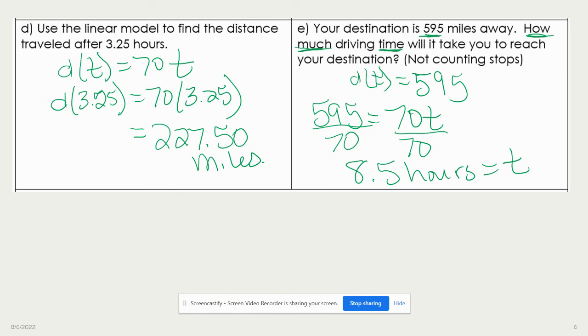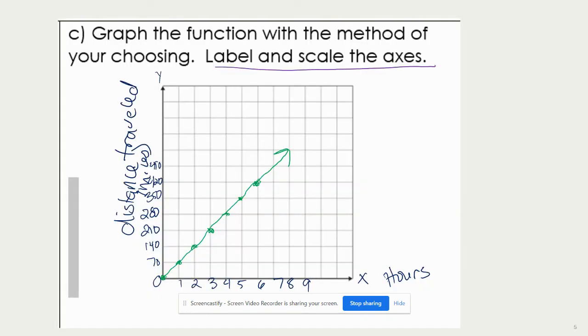And then we can always go on our graph for letter F to check and make sure that the answers that we got are reasonable. So if I go back to 595, let's see, this would be 560, and then 630.